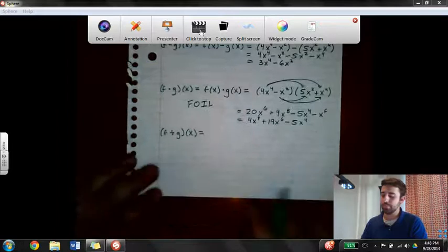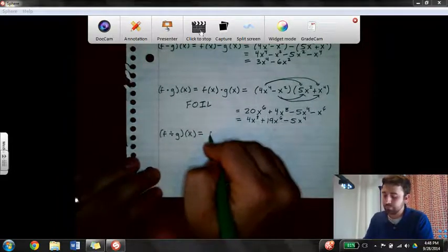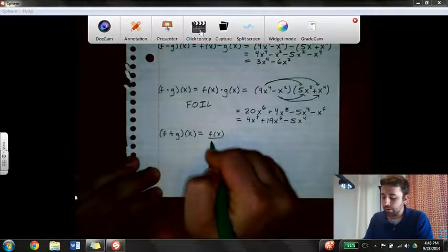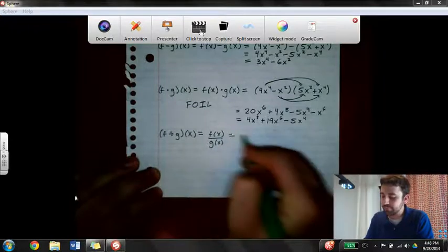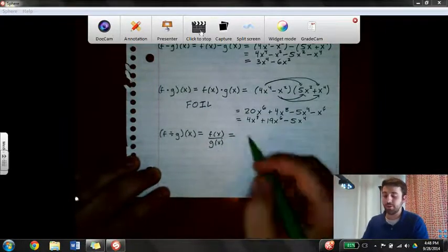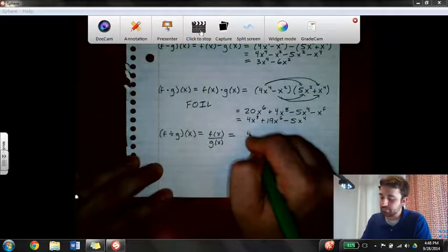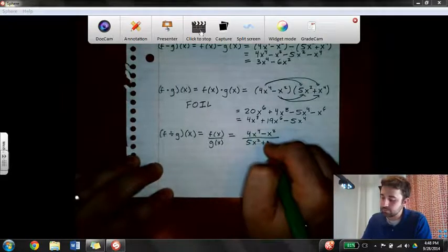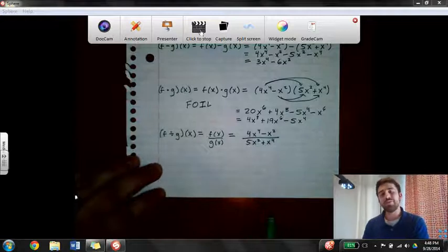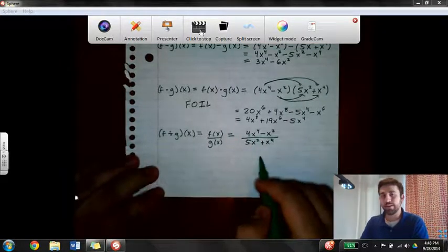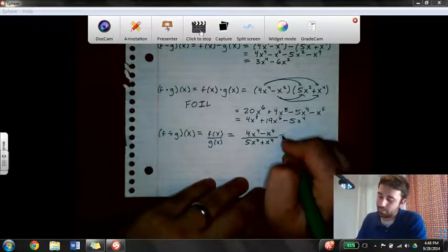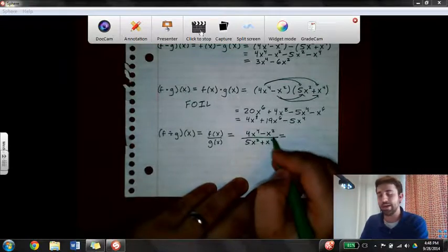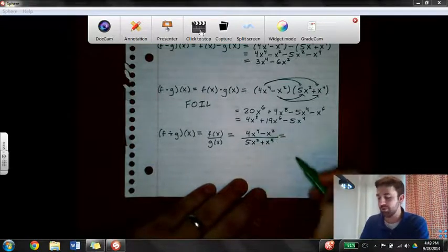Now, the last operation, division, you can write using the division operator, or like what I like to do is write it as a fraction. And when I am substituting the equivalent expressions into this operation, I do it as a fraction. At this point, you can leave it like this, but we can simplify. And when simplifying like this expression, we need to pull out a greatest common factor from the numerator and denominator.